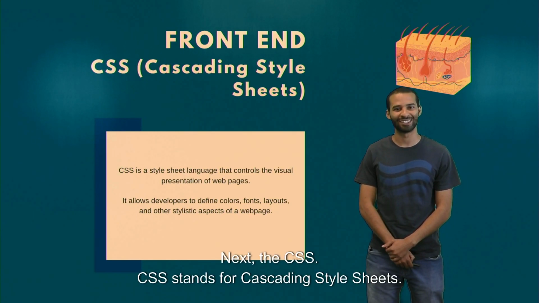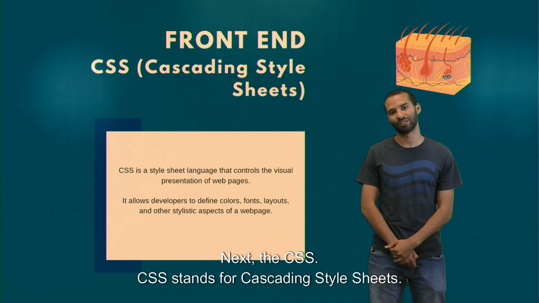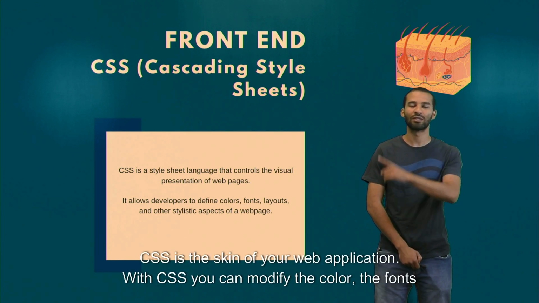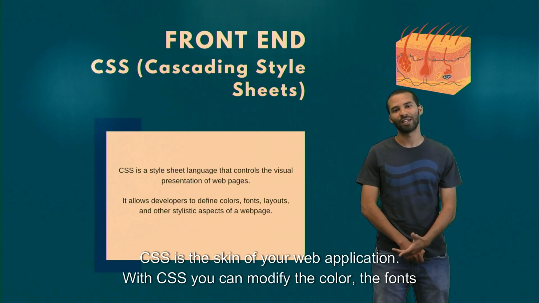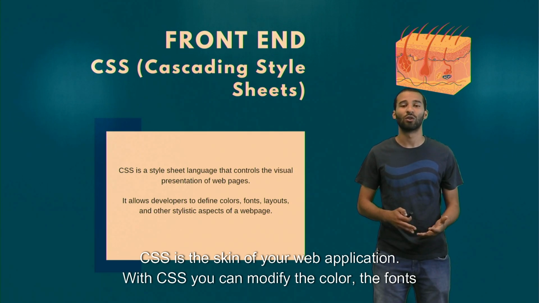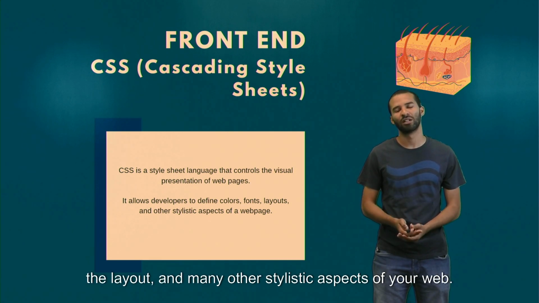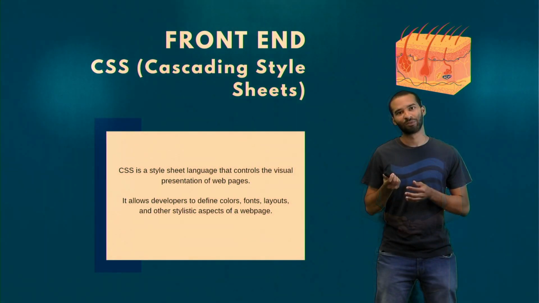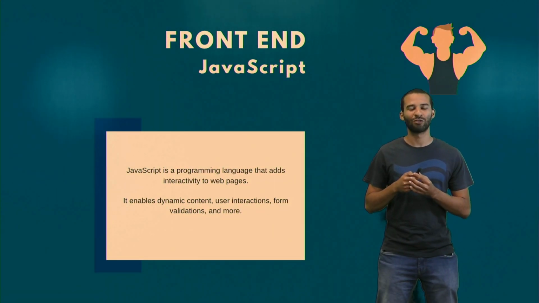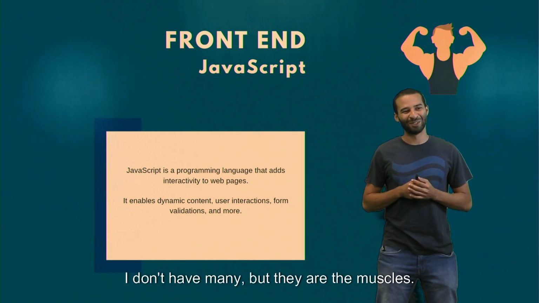Next, CSS. CSS stands for Cascading Style Sheets. CSS is the skin of your web application. With CSS, you can modify the color, the fonts, the layout, and many other stylistic aspects of your web page. Lastly, you have JavaScript, which is the muscles.